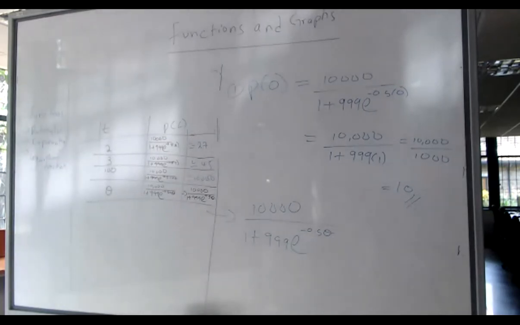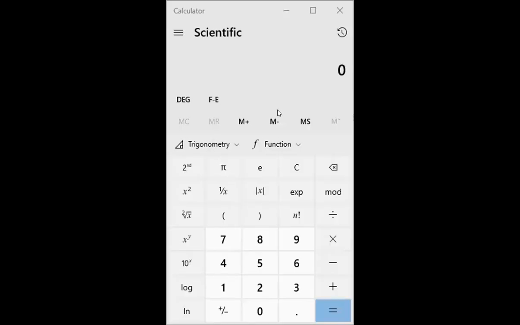It's because she had not put the e in 1 plus 999e, the Euler. Maybe she's putting it directly without that e. Okay, are you seeing my screen?